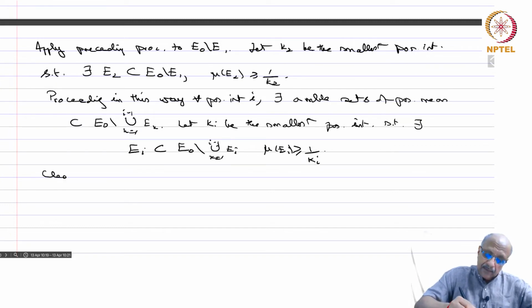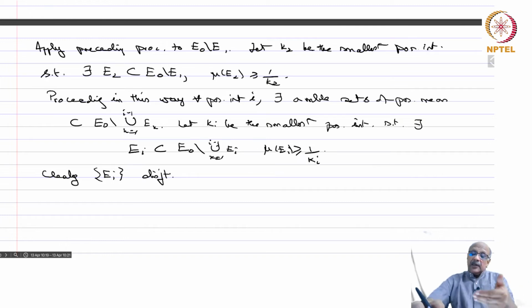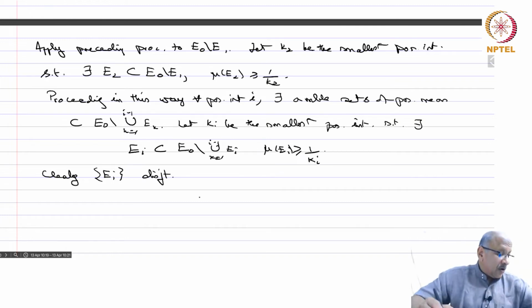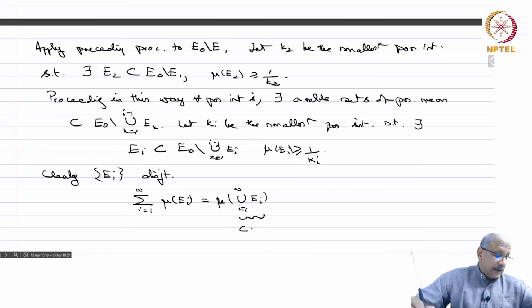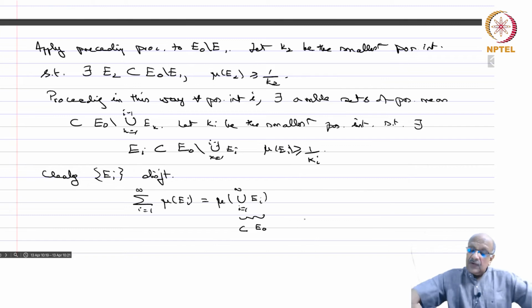So clearly the Ei are all disjoint, because each time you are looking for something in the complement, and therefore you have the sum i equals 1 to infinity of mu of Ei equal to mu of the union i equals 1 to infinity of Ei, and this is of course contained in E naught, which has finite measure, and therefore this is less than plus infinity.